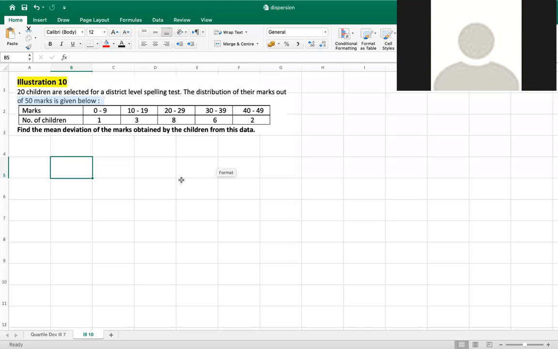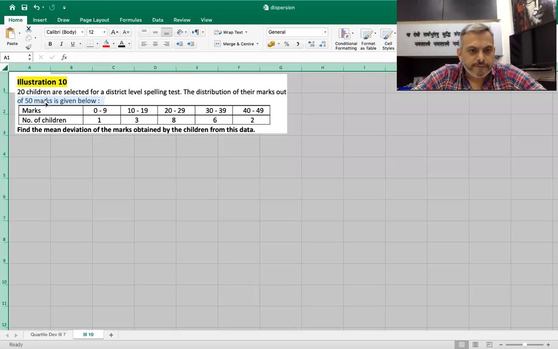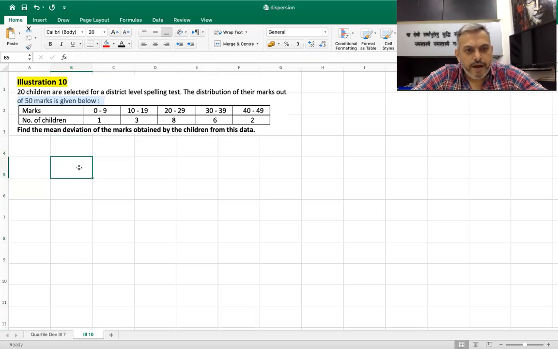Now see illustration number 10. 20 children are selected from a district level spelling test. The distribution of their marks out of 50 is given below. Now marks are given, so let me write the marks.